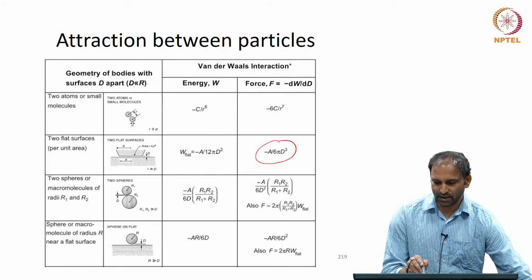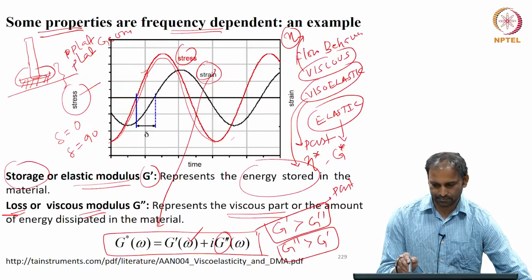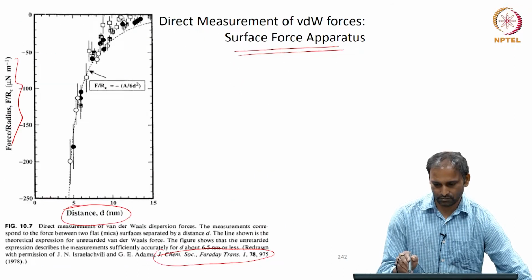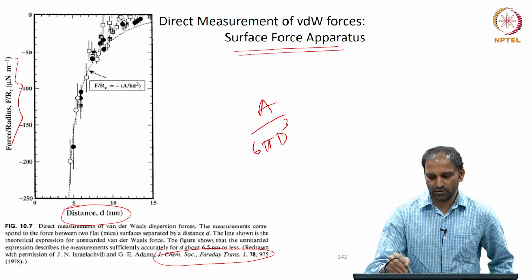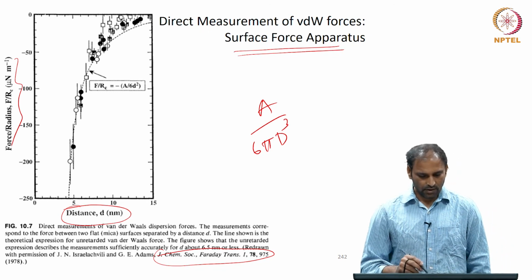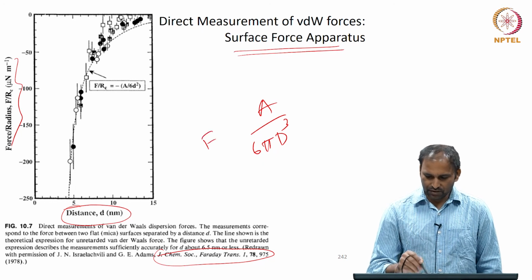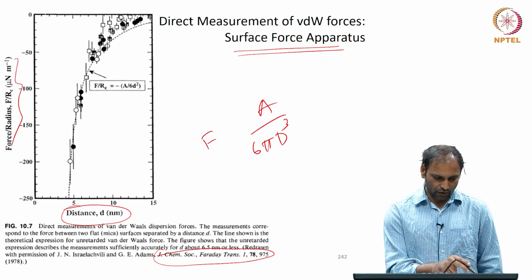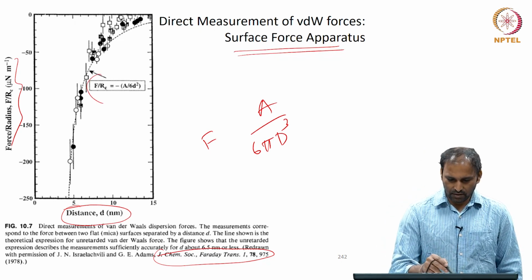If you have two flat plates, the interaction energy was A divided by 6 pi d cube, right. Now, okay, so that is your force, right. So, if you look at this, this is the measurement.